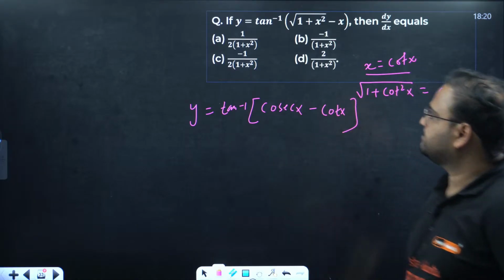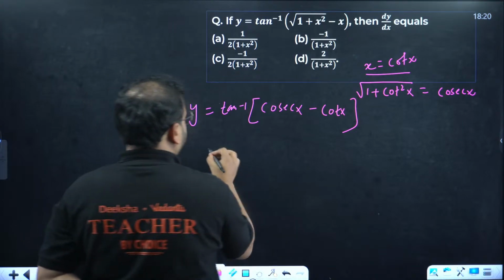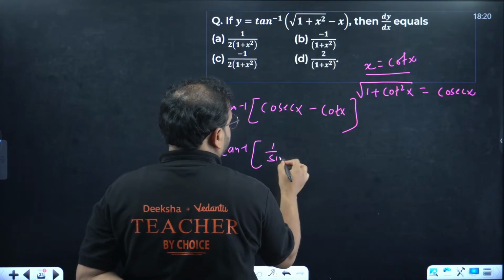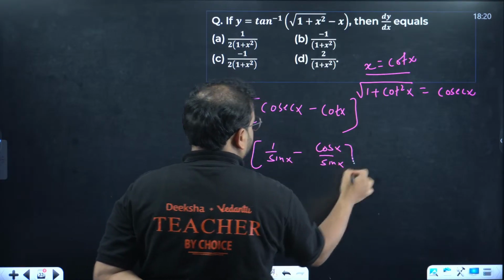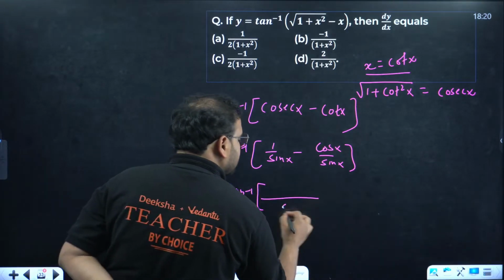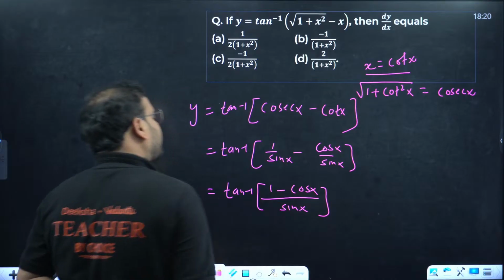That's my answer. First step, basically. After this, simplify. Tan inverse 1 by sine minus cos x by sine. Check over here. Tan inverse of sin x is the LCM, 1 minus cos x.